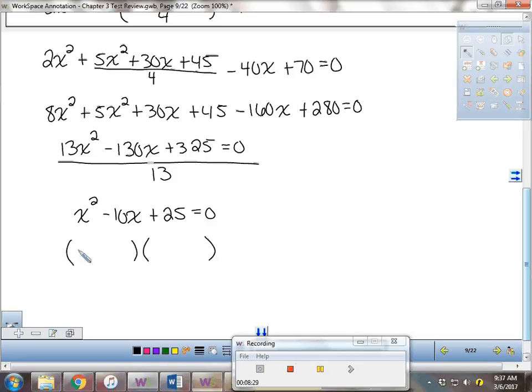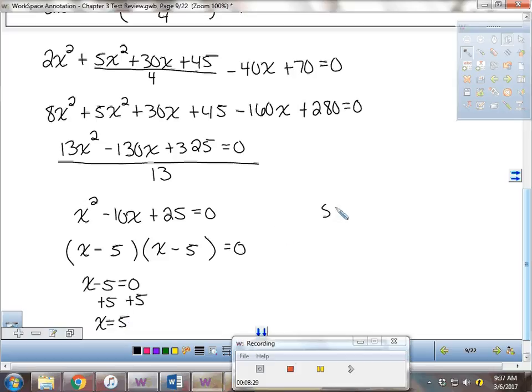Plus and back means 2 of what's in front. So we have 2 minus signs. And 5 and 5 will multiply to make 25 and add to make 10. So we have 2 of the same, so we only need to set it equal to 0 one time. So I get that x is 5. Then you plug in.